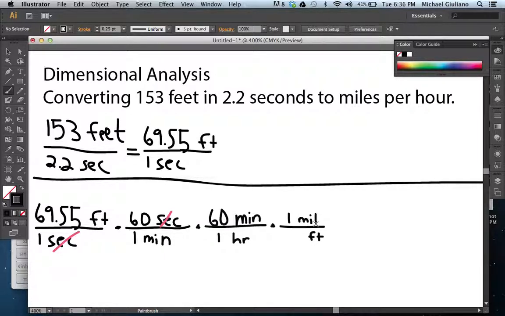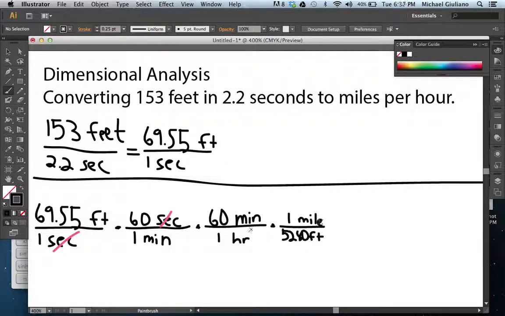So I'm going to write miles here. Alright, I won't do the plural. You need to know how many feet are in a mile, and that answer is 5,280.